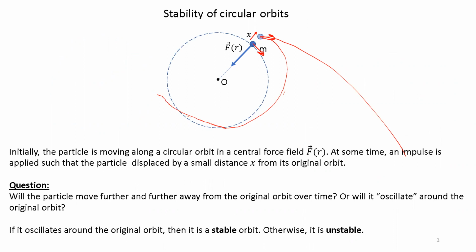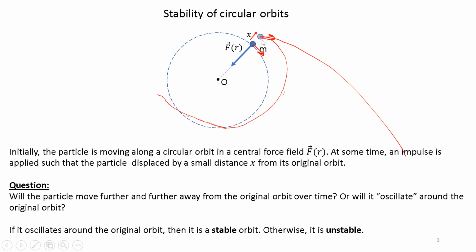Even if you give some kick, you are still in a central force field like 1/r². So after the disturbance, it might not be a circle anymore, but what choices do you have left? Ellipse, or hyperbola, or parabola. But because I told you it is a small disturbance.